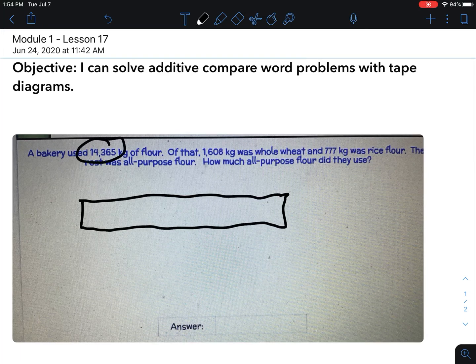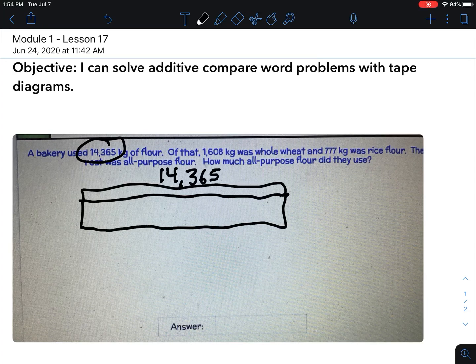A bakery used 14,365 kilograms of flour. All right, they're telling you, so that's the total. So this whole piece of tape, this whole tape diagram is this much.